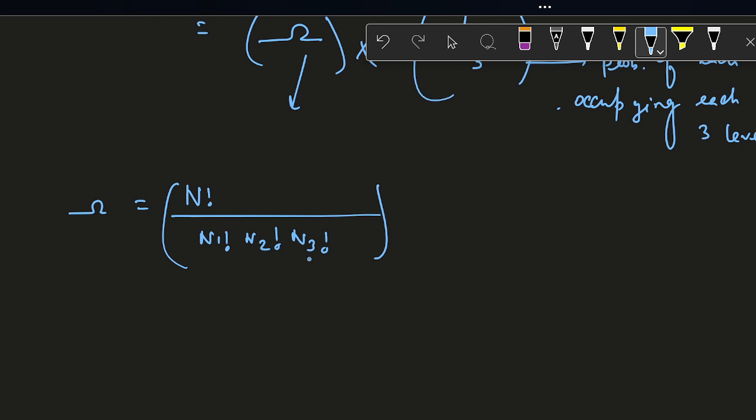Those particles can again rearrange among themselves in n1 factorial ways, n2 factorial ways, and n3 factorial ways. So to ensure that every possibility has been included, you take N factorial divided by these individual factorials. Okay, so now we have to know the maximum probability distribution.